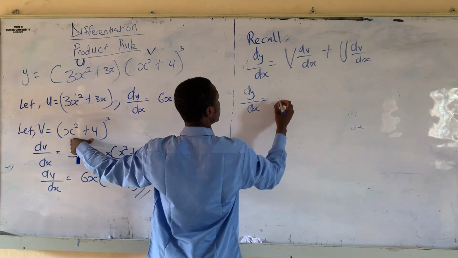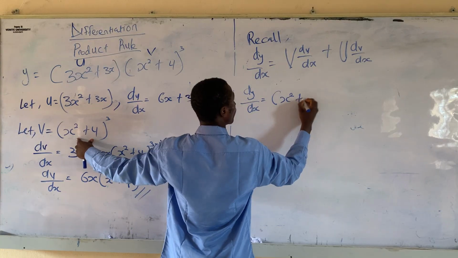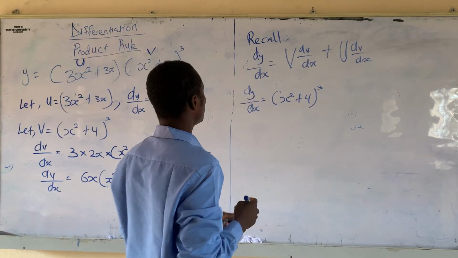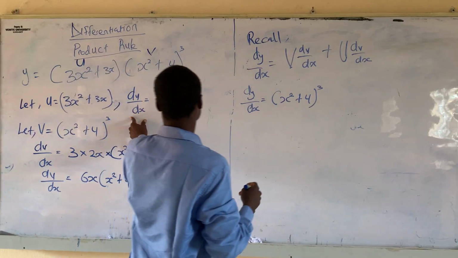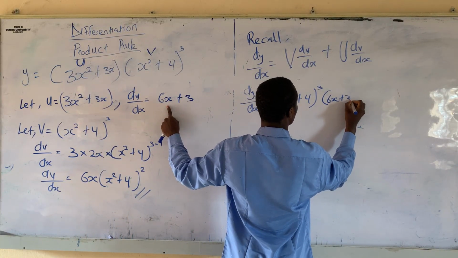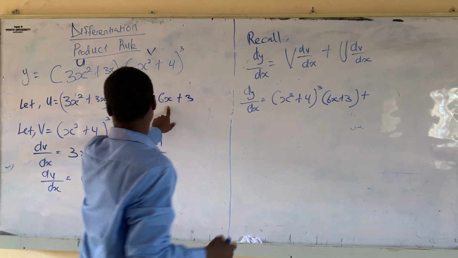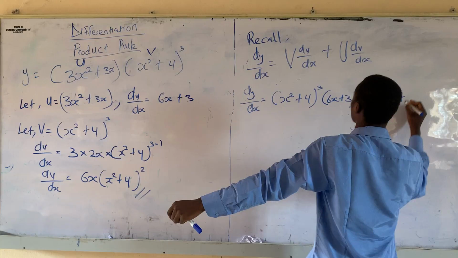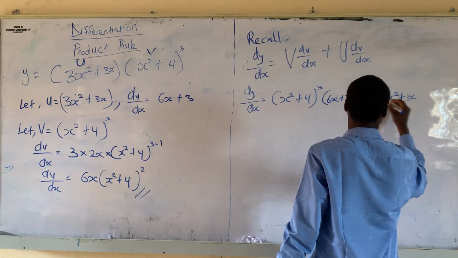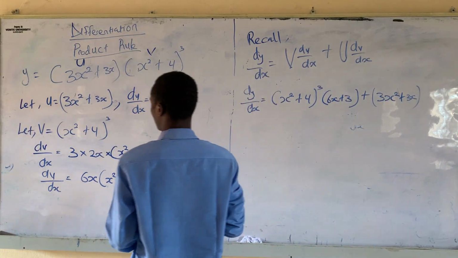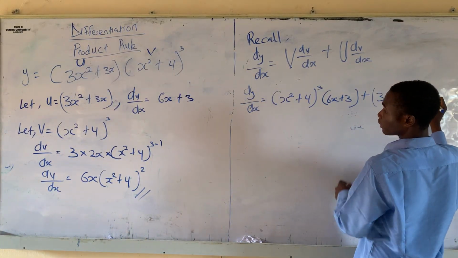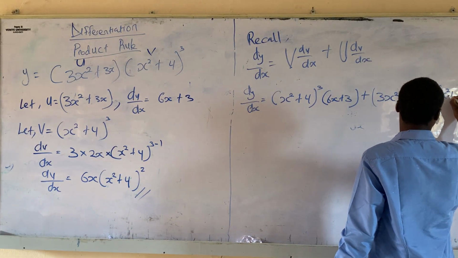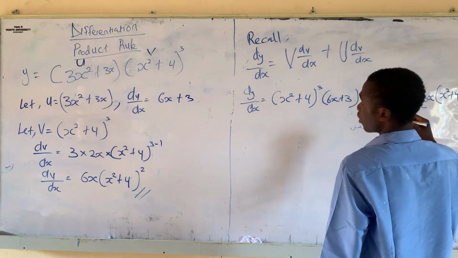Our v here is (x squared plus 4) raised to power 3. Then our du over dx is (6x plus 3), plus our u is 3x squared plus 3x. Then our dv over dx is 6x times (x squared plus 4) raised to power 2.